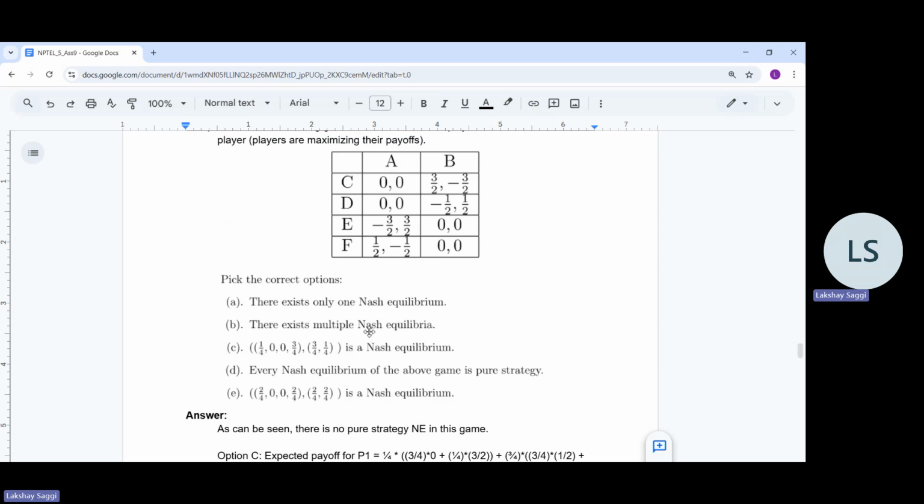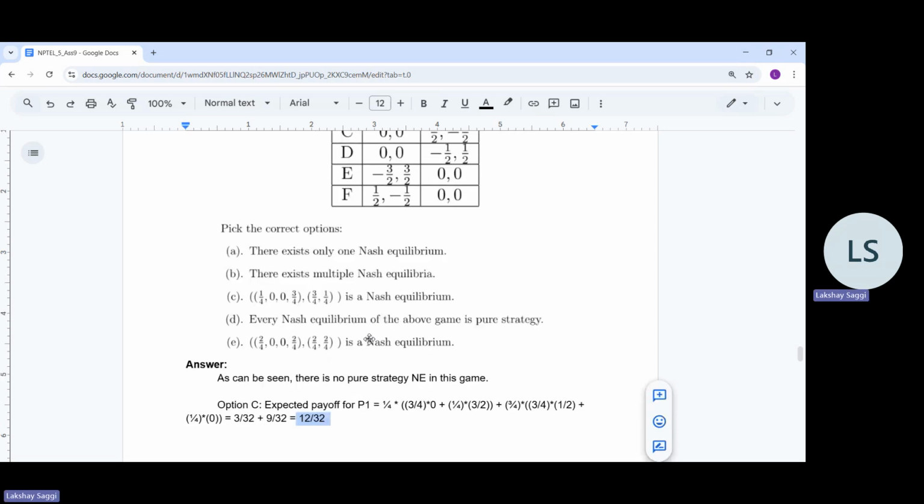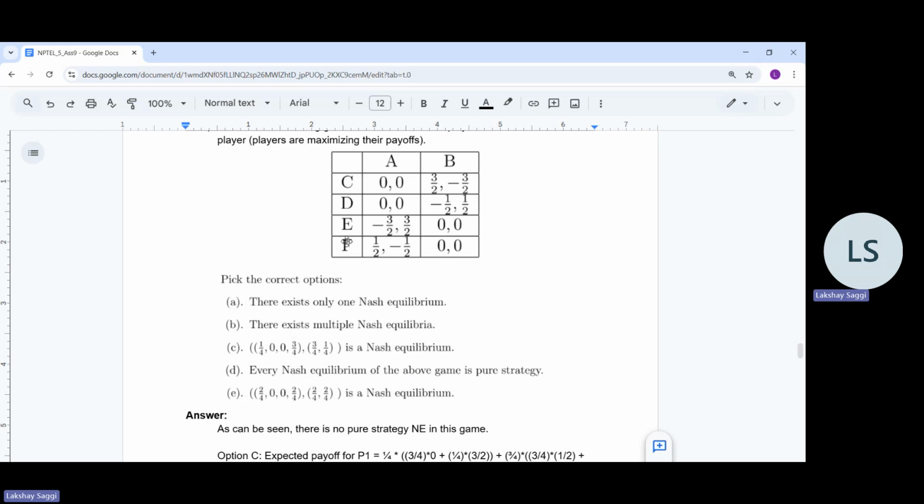You can see that between rows C and F, if player one wants to make the column player agnostic between these two columns by just playing C and F, the equations will be: on playing A, the payoff will be C times 0 plus F times half, so F/2 should be equal to 3C/2.